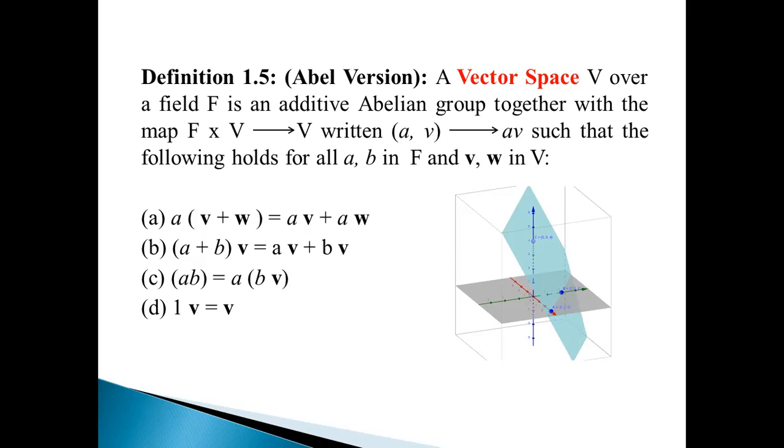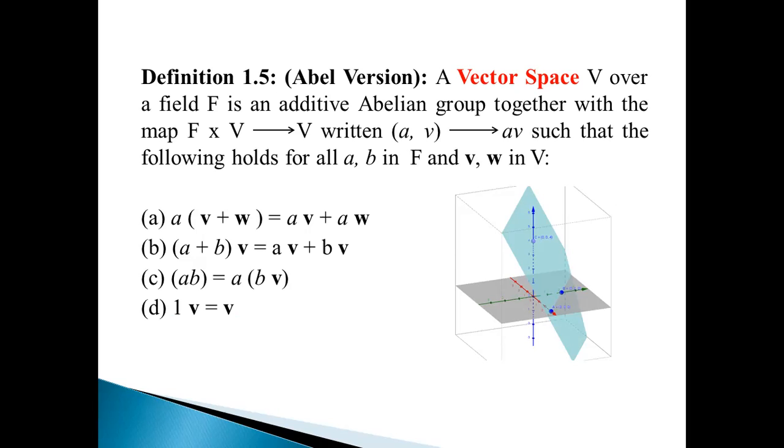The reason they are not part of this abelian version of the definition is that for us to show that the set is a vector space, first of all, we must be told how to add objects inside the set, and also how to multiply those objects with a scalar.